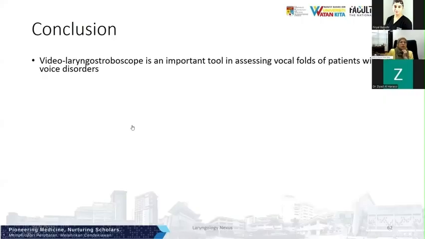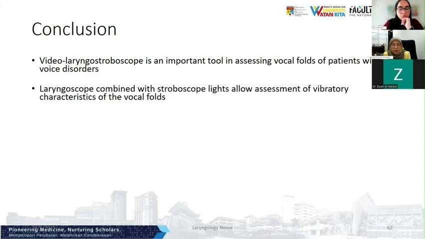So in conclusion, video laryngostroboscopy is an important tool in assessing vocal folds in patients with voice disorder, particularly if no lesions can be seen and yet the patient has hoarseness. And by right, if you want to run a voice clinic, laryngostroboscopy is a must.